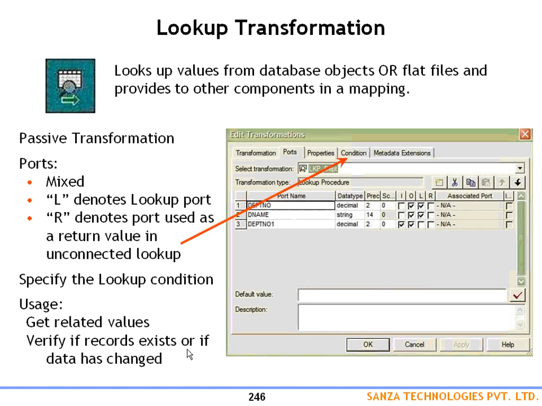This customer ID coming from my staging source is equal to the customer ID. If the condition does not satisfy, then it returns a null value. If it returns a null value, we know that it is a new record. If it returns a value, then the record exists.